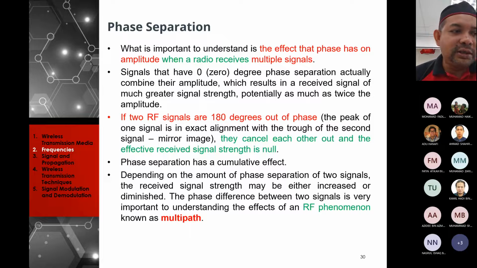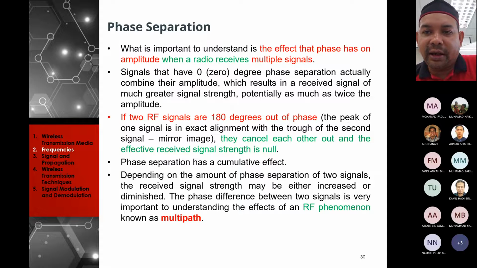Phase separation, what is important to understand is the effect that phase has on amplitude when a radio receives multiple signals. So signals that have 0 degree phase separation actually combine the amplitude, which results in a received signal of much greater signal strength, potentially as much as twice the amplitude.